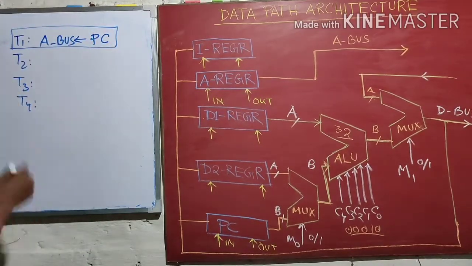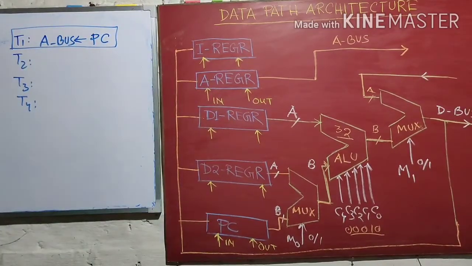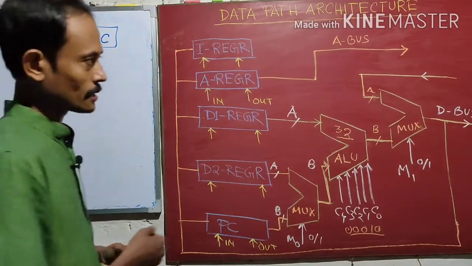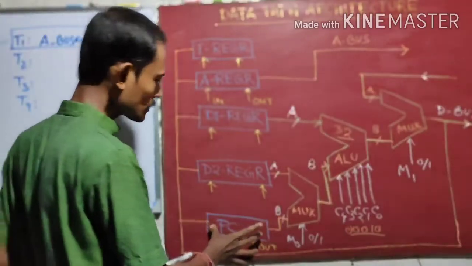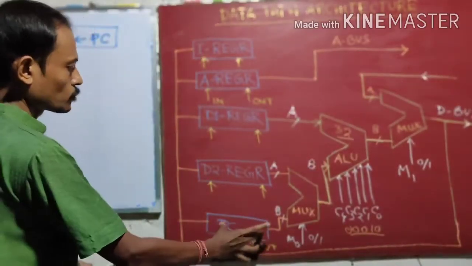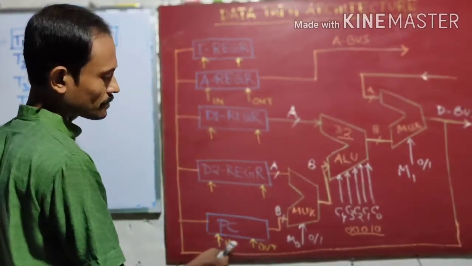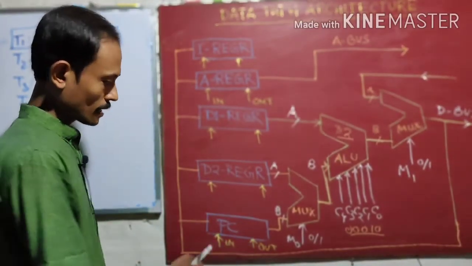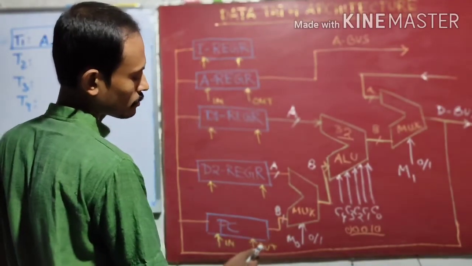So let's see how this data path will help, and how the control signals will be required, to perform this particular state. At first this address will be put from the PC register, and every register will have 2 control signals, in and out. If something goes out from this register, that out signal will be on.